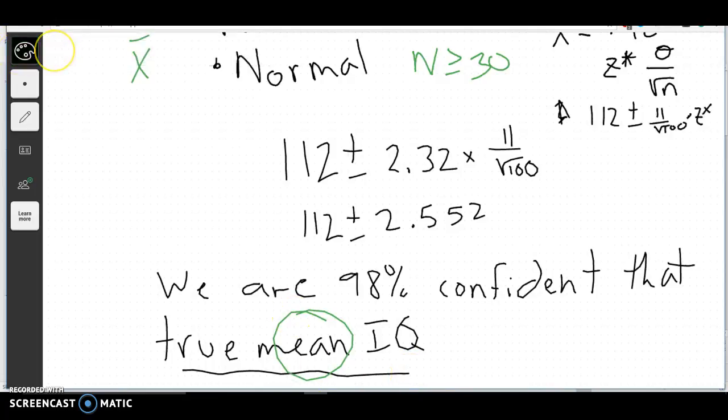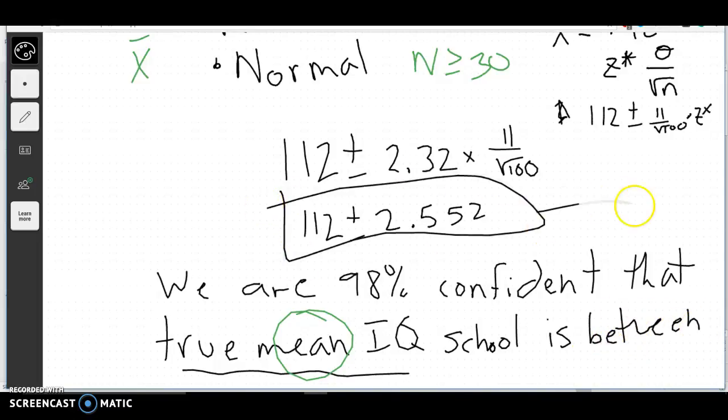It's not the true value, it's the true mean. IQ of the school is between this interval. Probably using the words contained in would also be fine. But we want to make sure that we're using the words, again, confident and then mean.